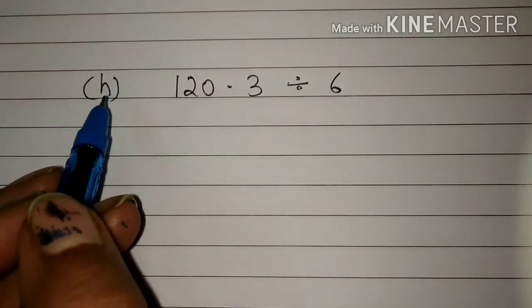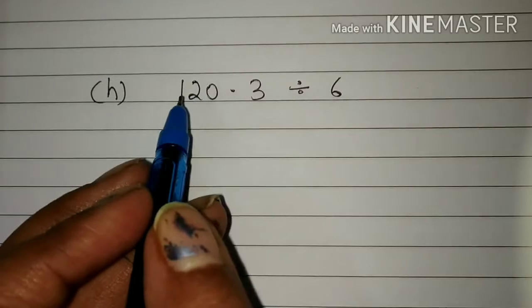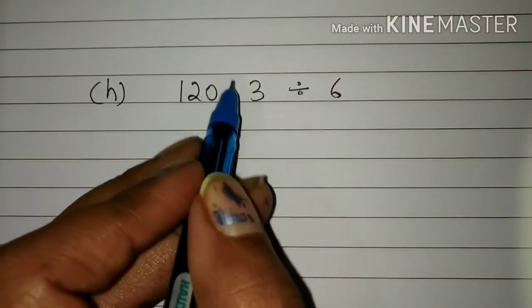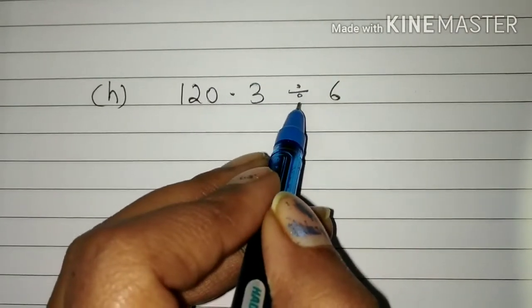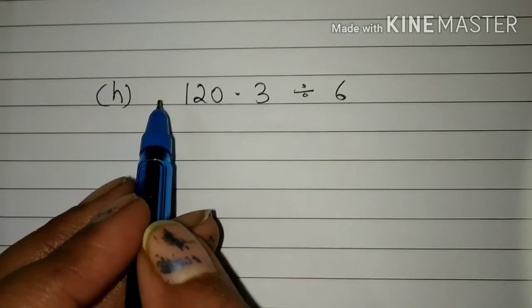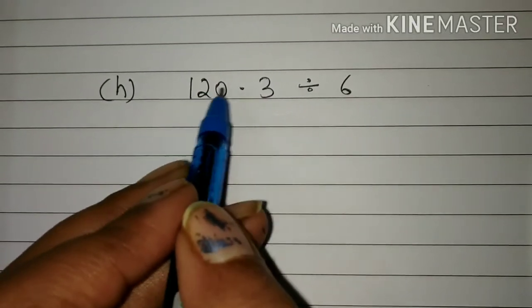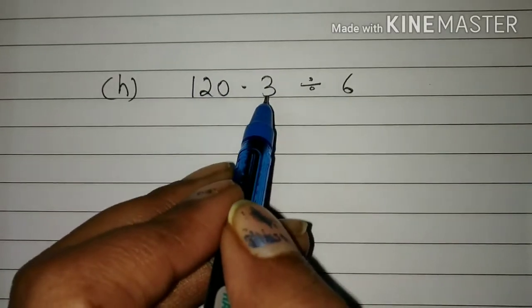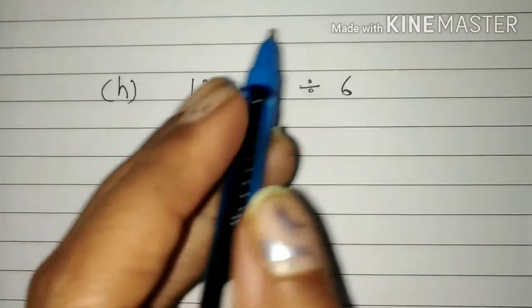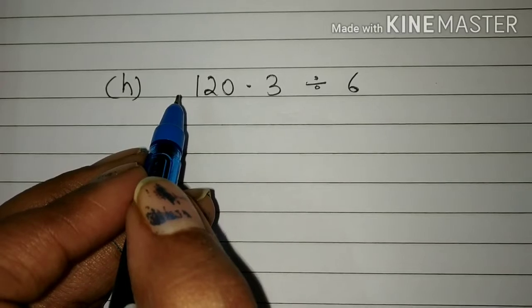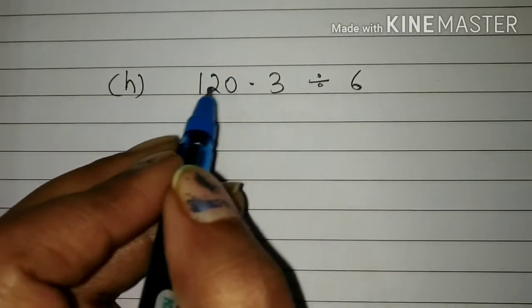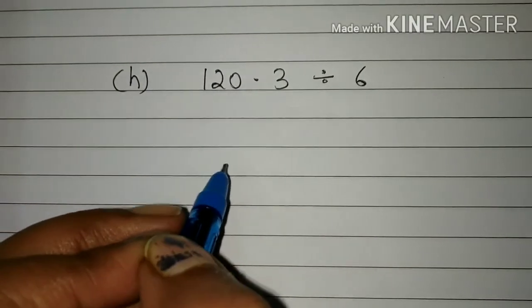Students, now come to H part. Question is 120.3 divided by 6. Students, in this question we are going to divide 120.3 by 6. So first of all, we will write 120.3 here.